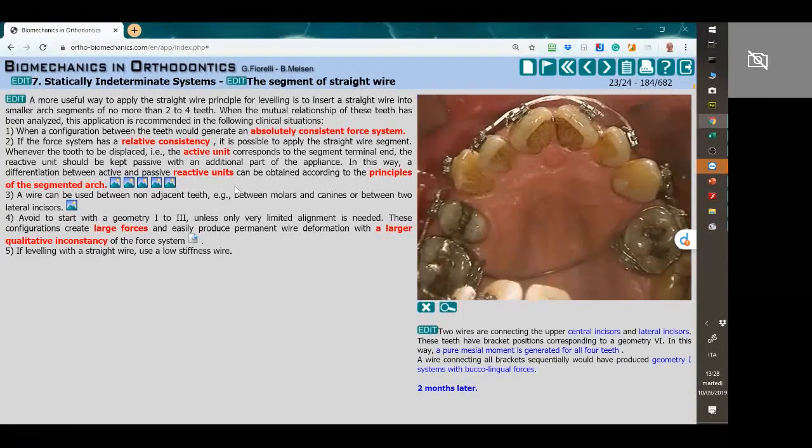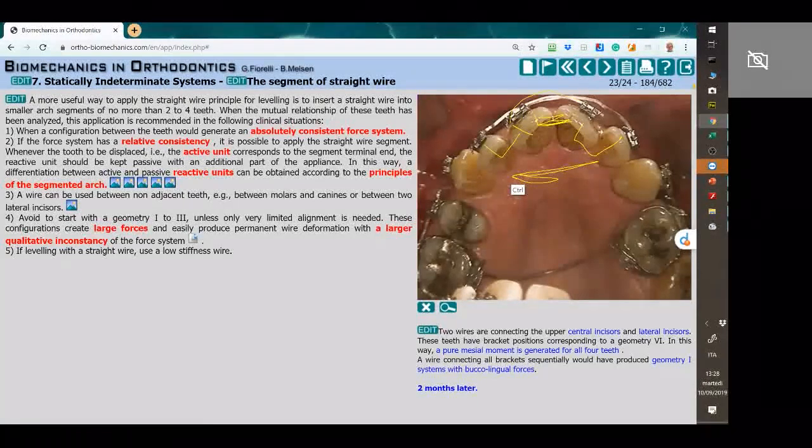Here is a case similar to what we have seen in the other case, maybe even more, but here we have a low geometry. Here we have a low geometry. Here we have a high geometry between these two laterals.